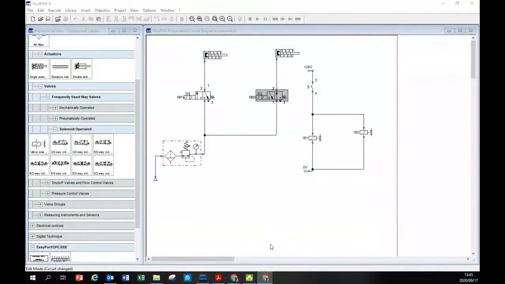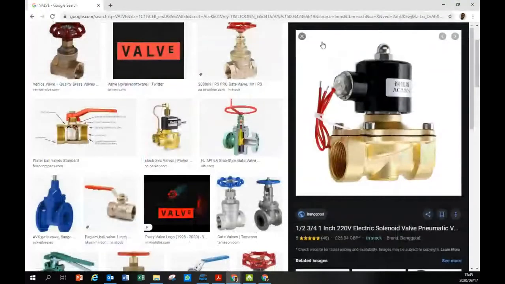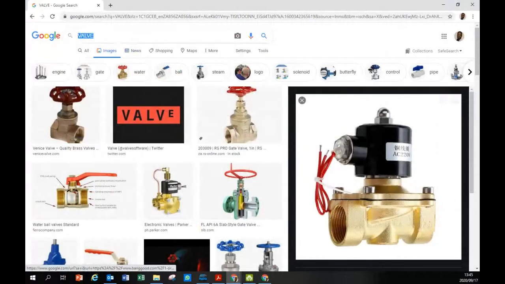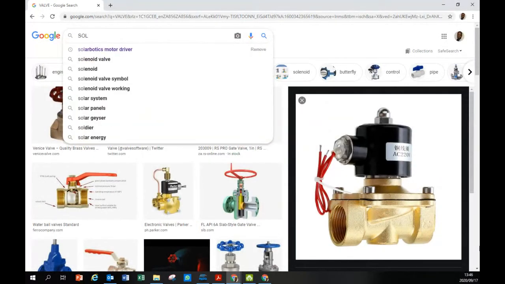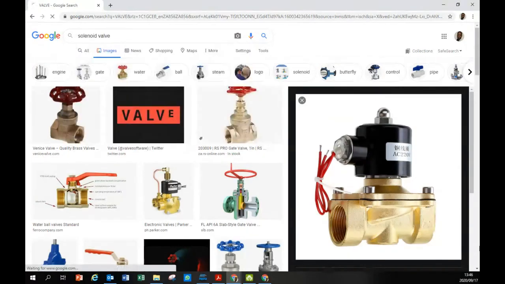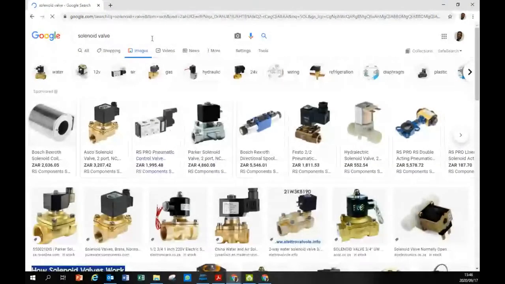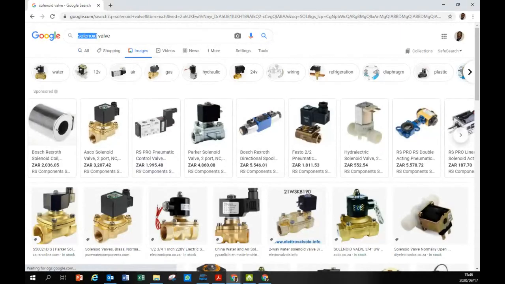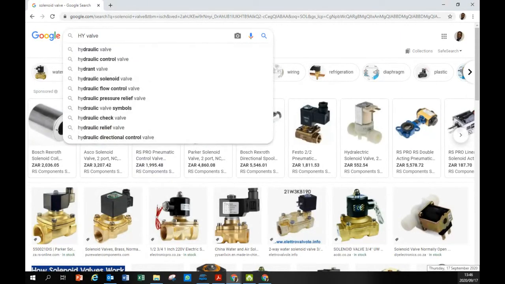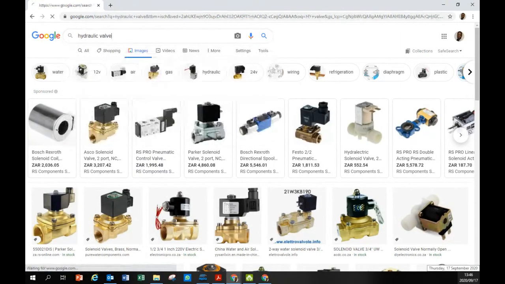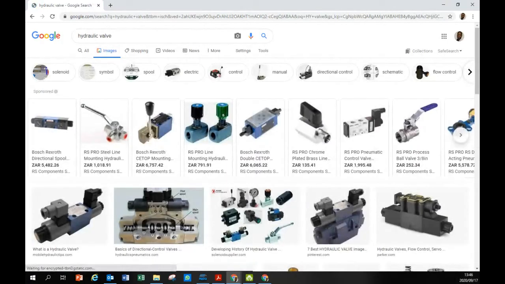If you even go to internet, you would be able to see that. These are the manually operated valves. Then I'm going to just type the solenoid valve. You see, my solenoid comes in different types. And we have hydraulic valve. Do you see that? I'll never lie to you. These are our hydraulic valves.